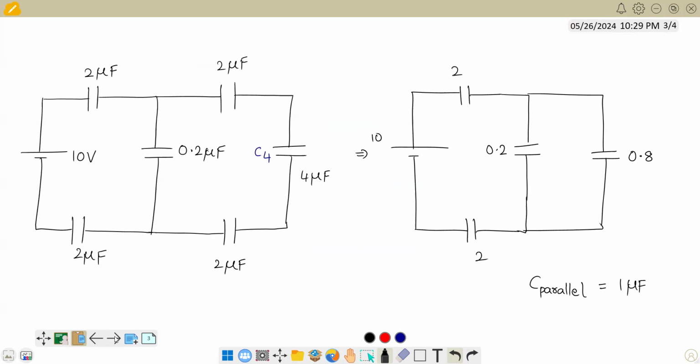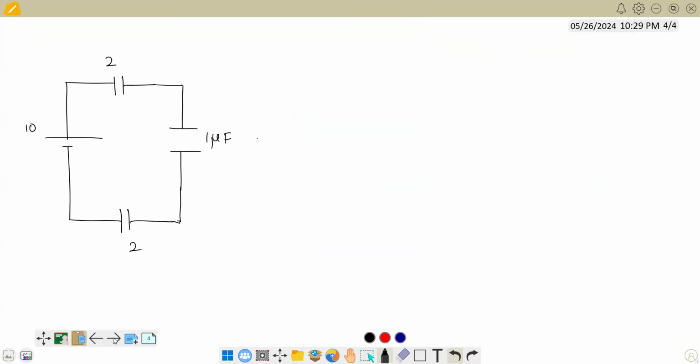Now let me hold here. I told you I will solve this problem as though I'm solving in the voltage method. That means I'll solve everything in terms of voltages. So 2, 1, 2, we can write that these three are sharing this 10 volts. Let me call this V1, V2 and V3. So V1 is to V2 is to V3 equals 1 by 2 is to 1 by 1 is to 1 by 2.